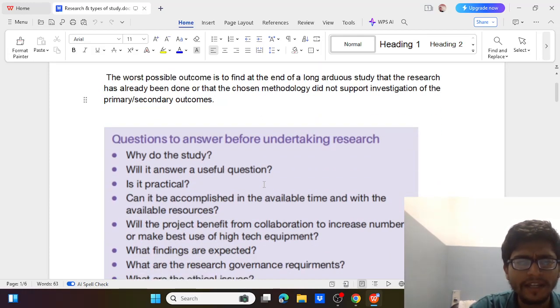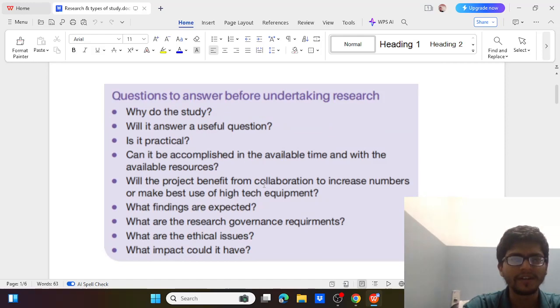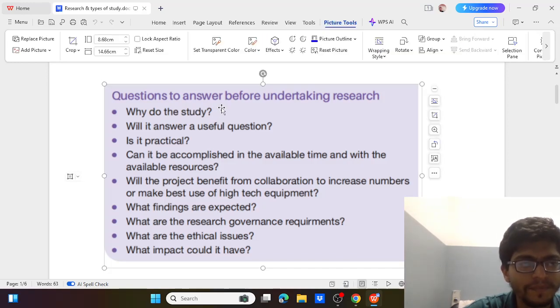So before starting any research, we should have these questions and their answers in our mind so that our research is fruitful, and this will help us in answering research questions. So what are the questions? First, why do we do the study? Will it help? Will it add something new?